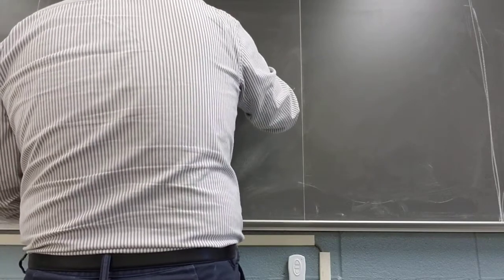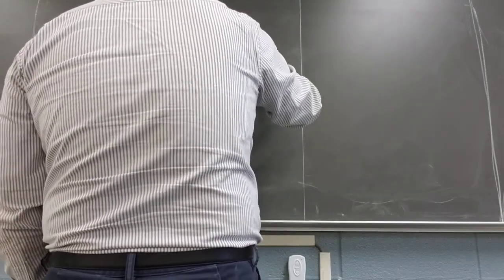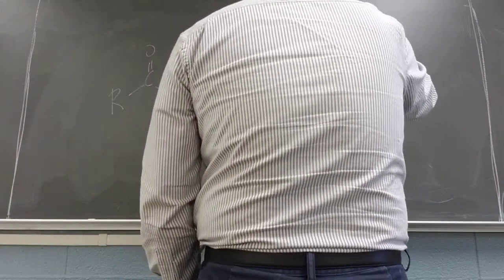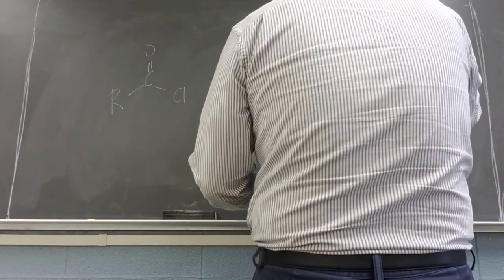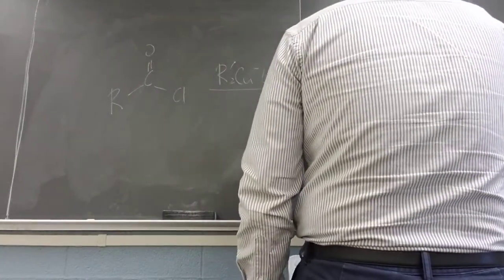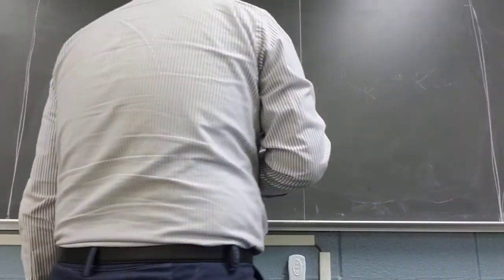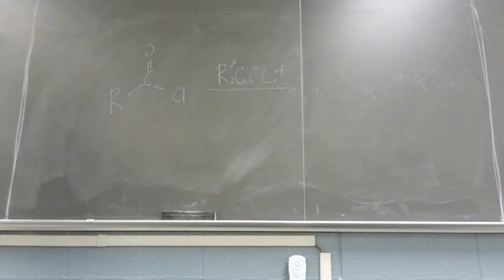Okay, here's one more thing I want to mention before we move on to the next one. Is the diorganocopper reaction over here. So this is the. Do you guys remember this one?